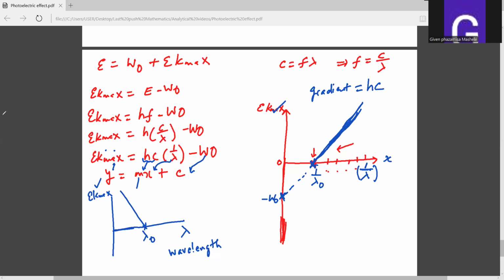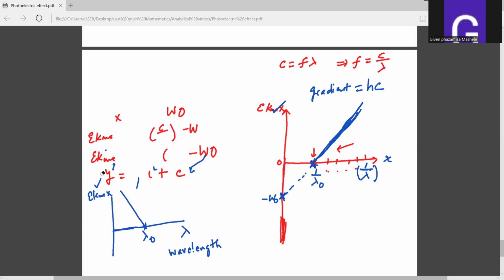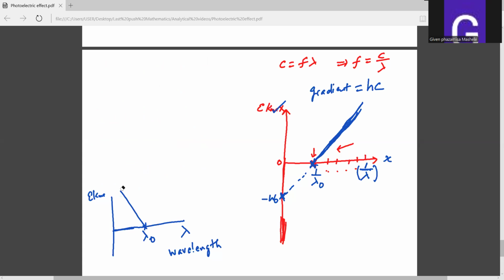Now, one other thing that I need to talk about is the issue of intensity, guys. The issue of intensity is very important. Remember, you only change the energy of a photon when you change the frequency or the wavelength of light.